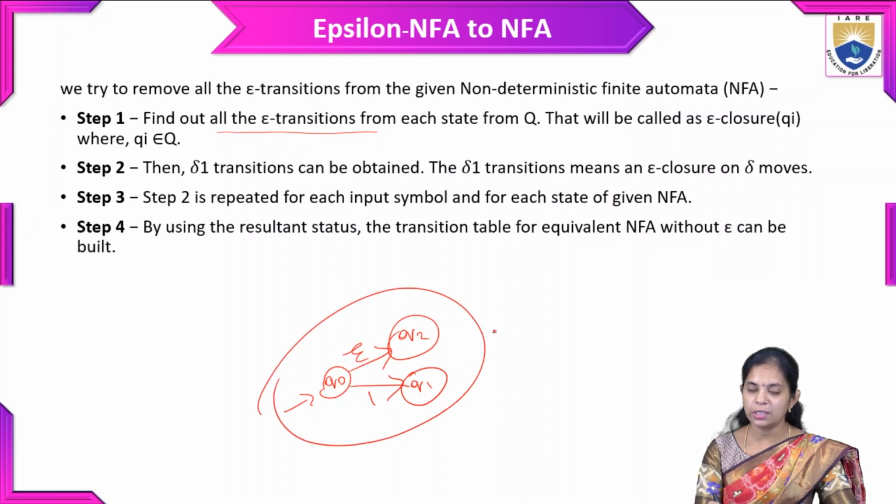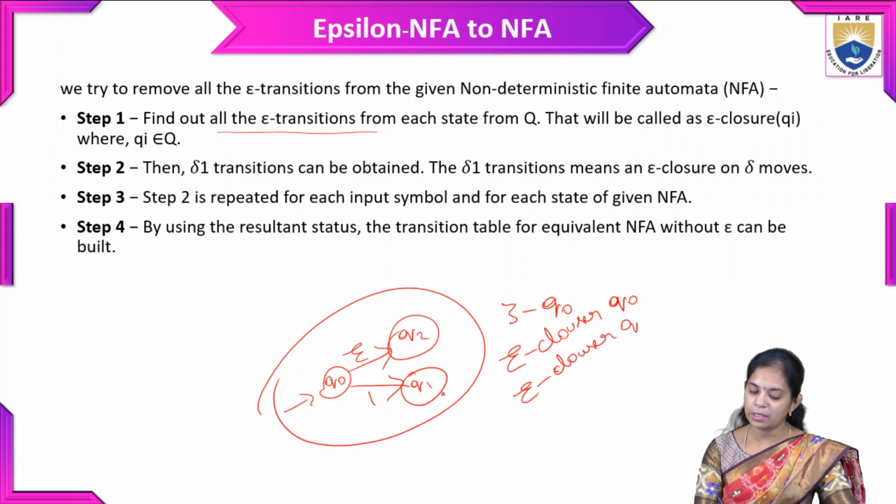Here we have 3 states, so for every state we need to find the epsilon closure.